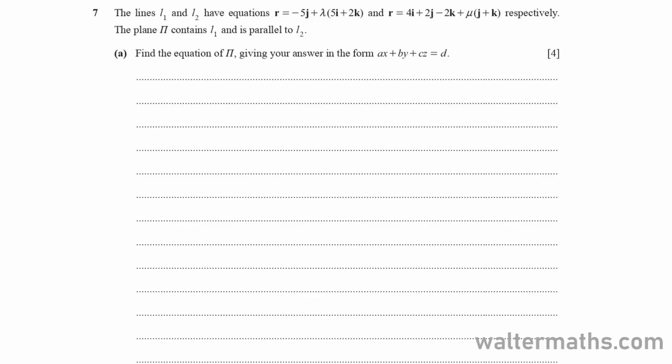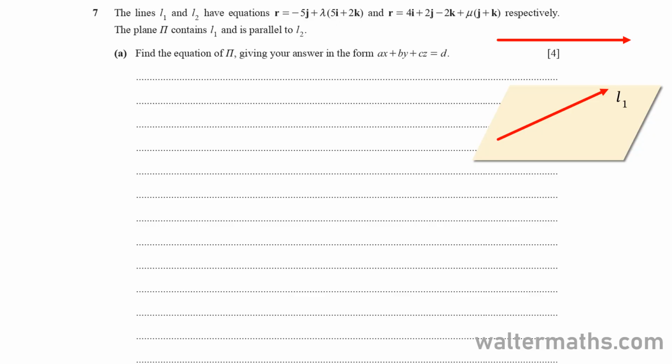On A, find the equation of pi, giving your answer in the form ax plus by plus cz equals d. So here we've got a plane, and the plane contains the line L1 and also is parallel to the line L2.